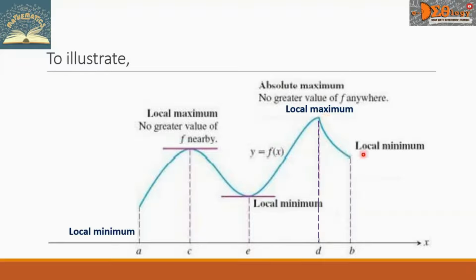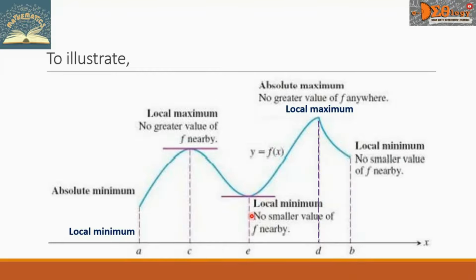Next, there are 3 points of local minimum, and these are the points when x is equal to a, e, and b. We consider this point as a local minimum because there is no smaller value of f nearby.